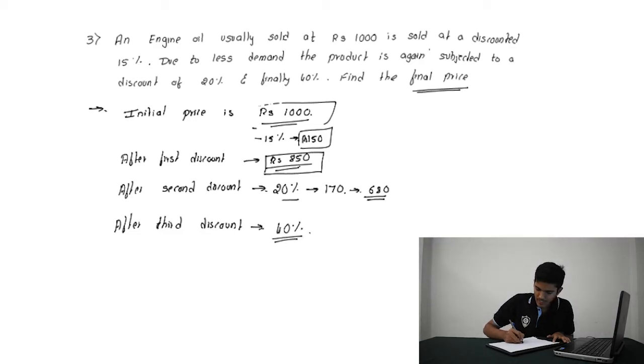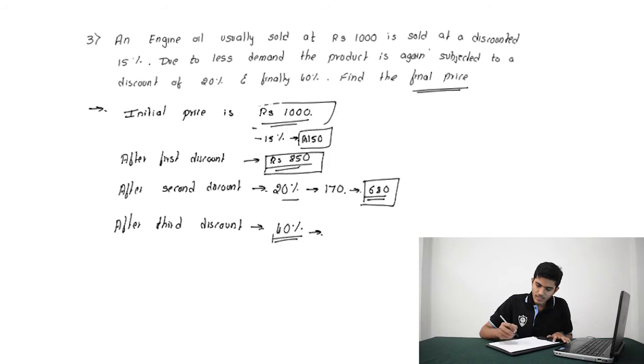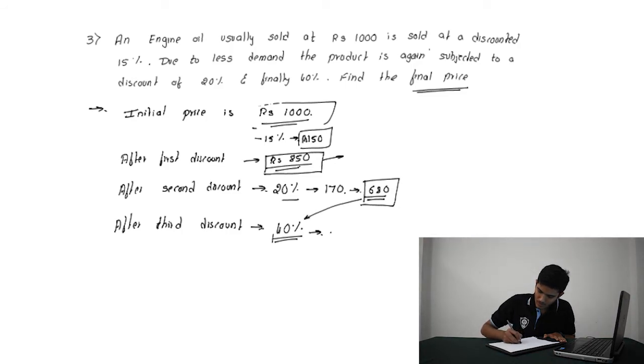So now be very careful here as you did previously. Now 40% of what you get here, 680, not 850, because you are discounting it from the previous selling price. So 40% of 680 is going to be 272 rupees.